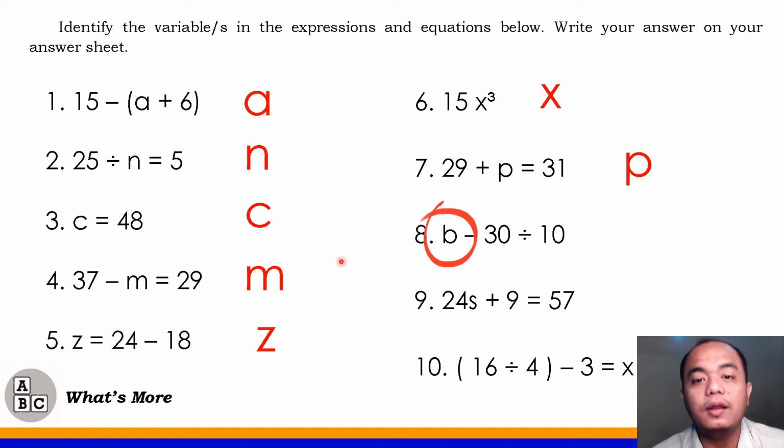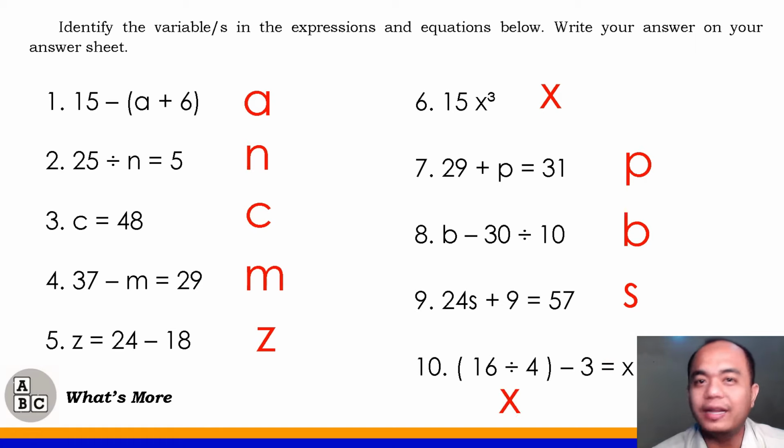We use the variable b to represent the unknown number. Number 9. 24s plus 9 equals 57. Yes, we use s as our variable. Number 10. 16 divided by 4 minus 3 equals x. Very good. We use x as our variable in item number 10. So, napakadali lang, di ba? Napakadali lang i-identify ang variable na ginagamit natin sa isang expression or equation.